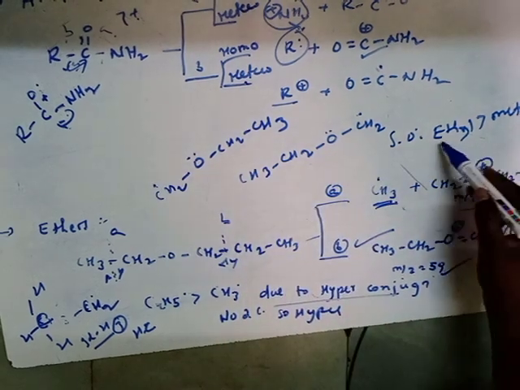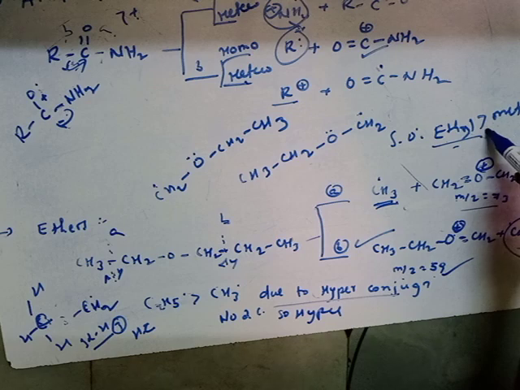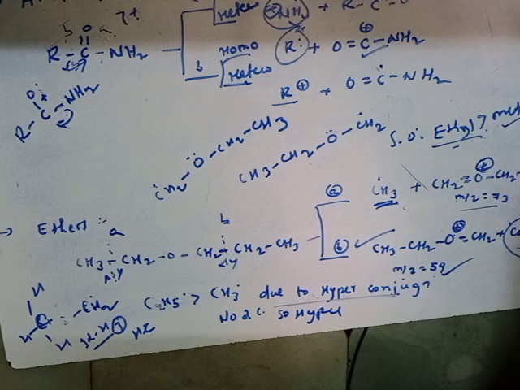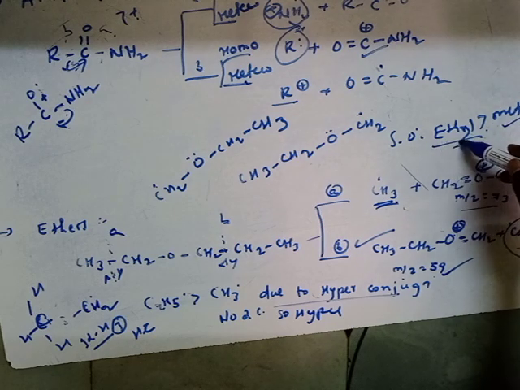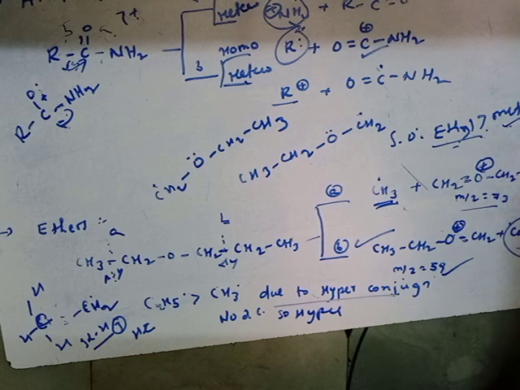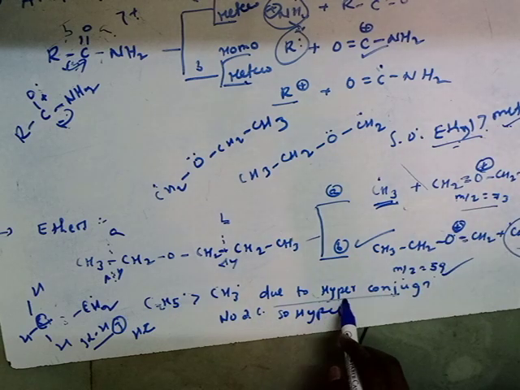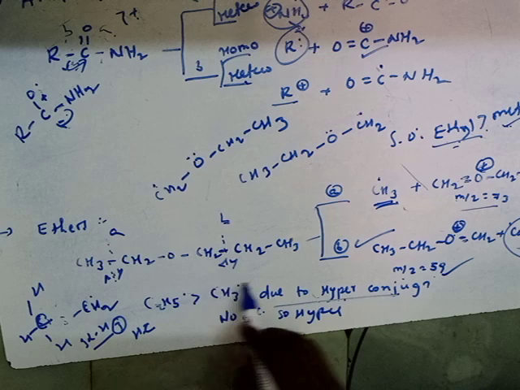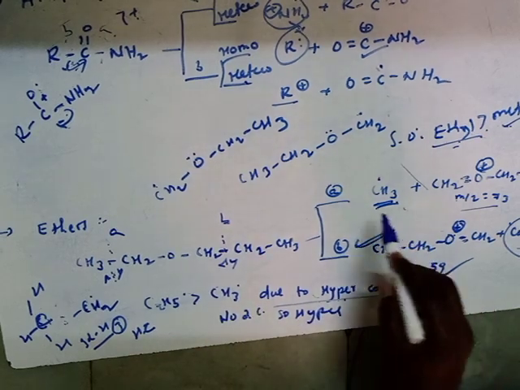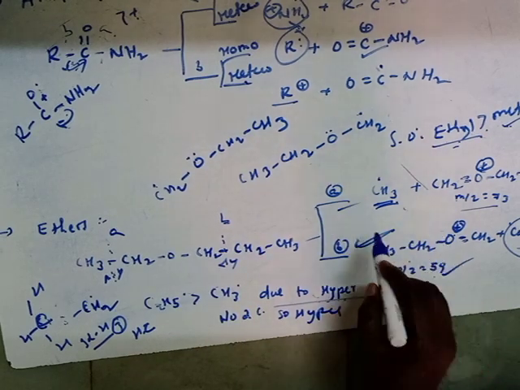That's why ethyl radical will be more stable than methyl radical. Ethyl radical is more stable than methyl radical. That is due to hyperconjugation. That's why in this example B-type is more favored when compared to A-type. Thank you.